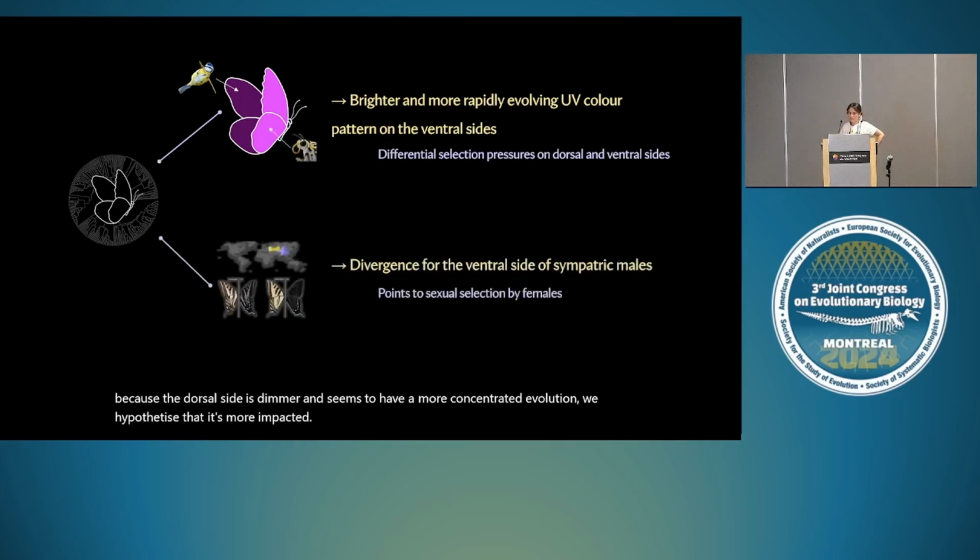And because we found divergence for the ventral side of sympatric males, it points to the UV signal being used as a supplementary cue for species recognition in sympatry by females. And so we hypothesize that the ventral side is more impacted by sexual selection. But now, a mate-choice experiment would be needed to investigate a little bit more about this hypothesis.